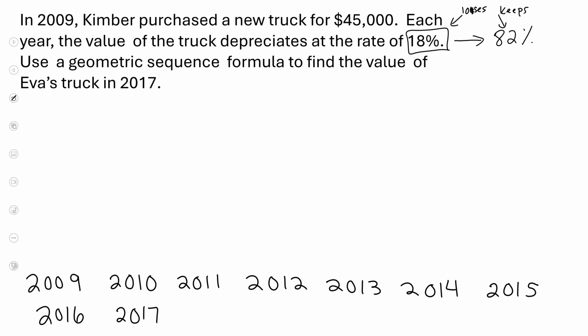Okay. So let's go ahead and do the geometric sequence. So 45,000, let's figure out the value of this truck the next year. This is the very first year in 2009. That's how much the truck is worth. Let's see how much it's worth in 2010. So what I'm going to do is 45,000 times 0.82.